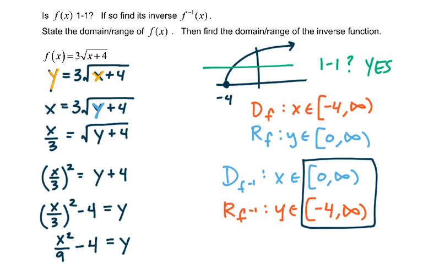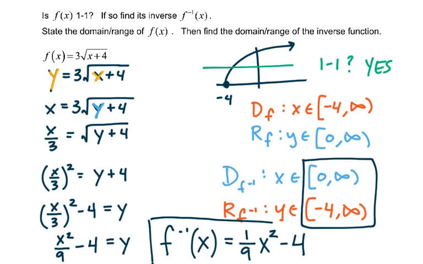So my inverse function, f inverse of x equals 1/9 x squared minus 4. So we replace that y after we've isolated it with f inverse of x.